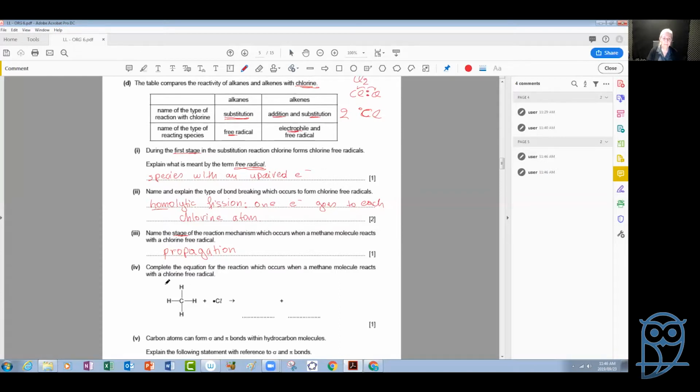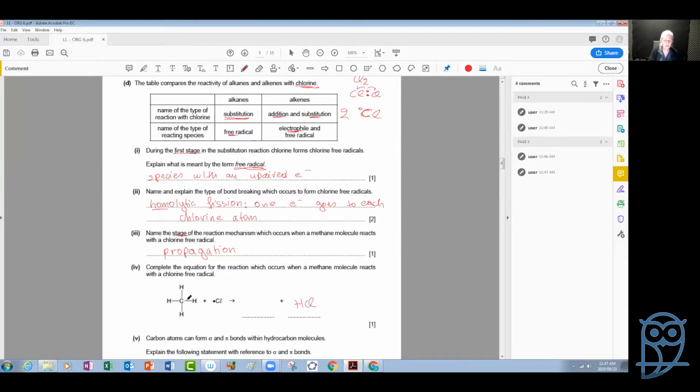Then complete the equation for the reaction which occurs when a methane molecule reacts with a chlorine free radical. Remember, free radicals are very active and attack the methane molecules. This chlorine will join with one of the hydrogens of the methane and give us hydrogen chloride.